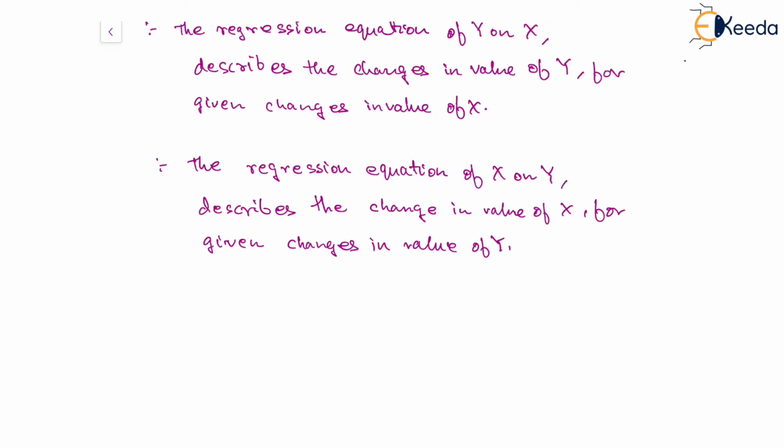So basically the first one is about that the y is the dependent variable and x is the independent variable, whereas the second equation is x being the dependent and y being the independent variable.